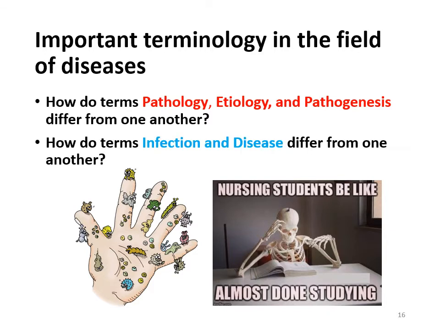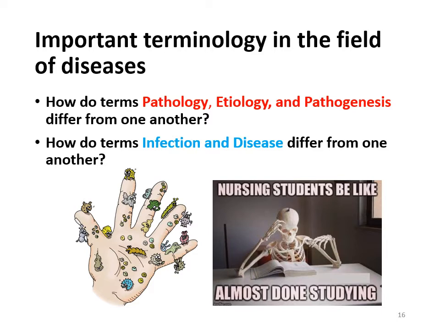The next two terms that you should be able to distinguish, even though you hear them all the time, you may currently kind of mix and match their meanings or use them interchangeably when they're actually quite different from each other. These two terms are infection and disease.